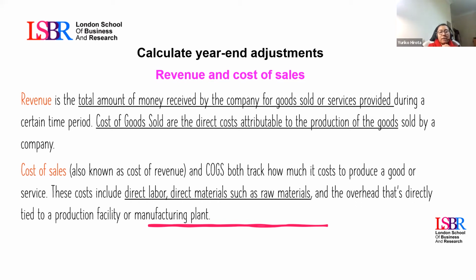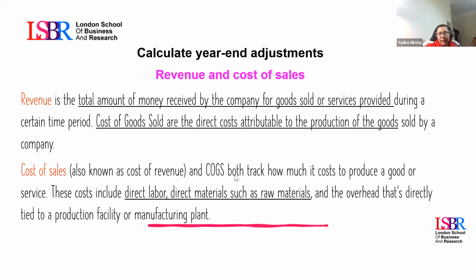The cost is called something else, maybe cost of the service or another kind of cost, but it's not cost of sales. This concept is only for manufacturing companies, companies that are selling physical products. Cost of sales is also known as cost of revenue.